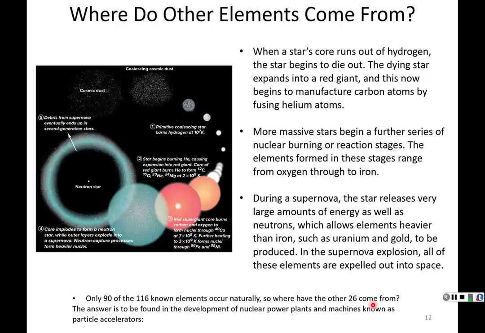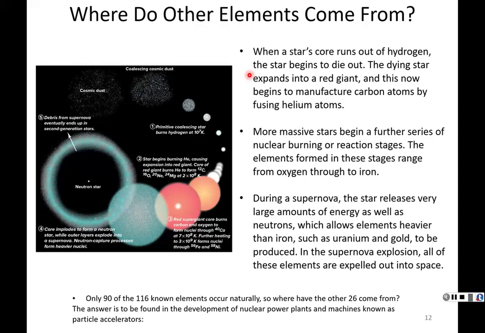What about the other elements? Well, when the star's core runs out of hydrogen, the star begins to die out. And then the stars undergo different fates depending on how big they are.